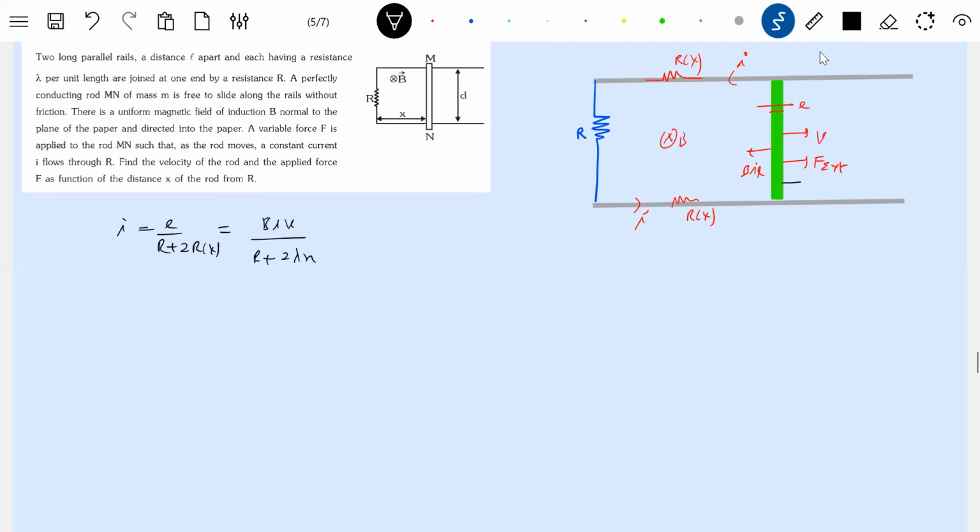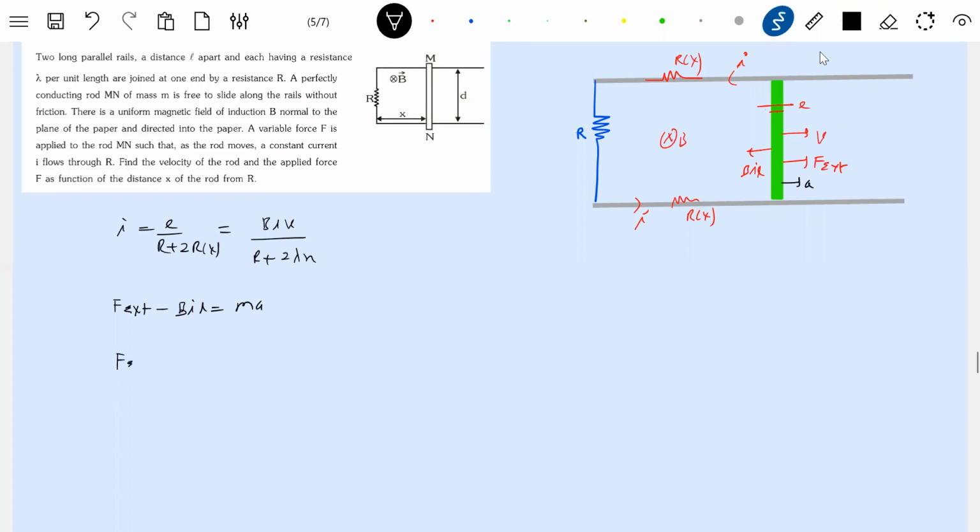Then the acceleration of this: as it moves, a constant current I flows through R. That current I is constant is what's given. Okay, let's write the equation. F external, I'm directly writing because we have done so many numericals. Only the resistance of rails has come into picture. That's all. There's only that condition here.